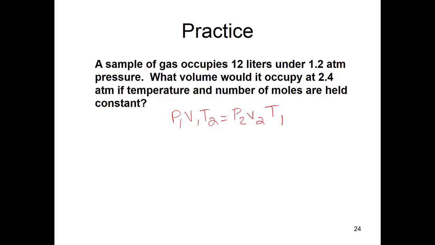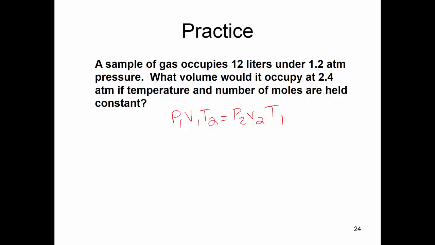I think you all can rearrange it better. This problem here, if you read it closely, you can pause and read it if you need to, but it's just Boyle's law.